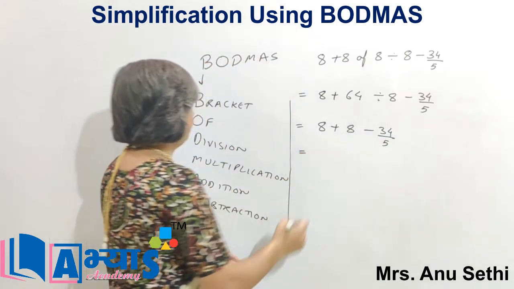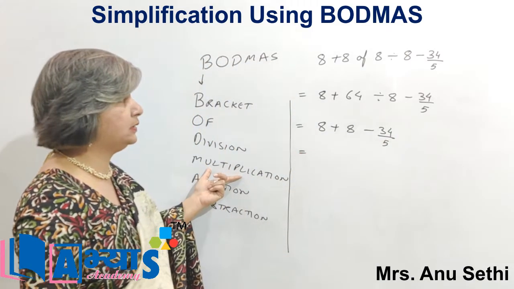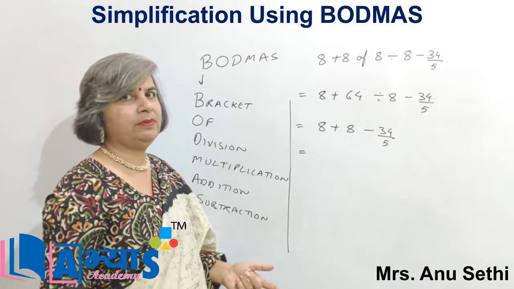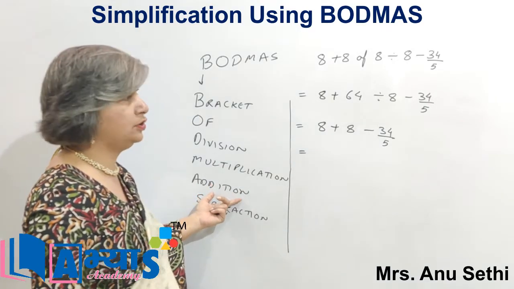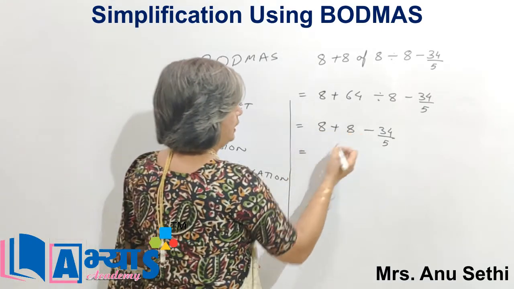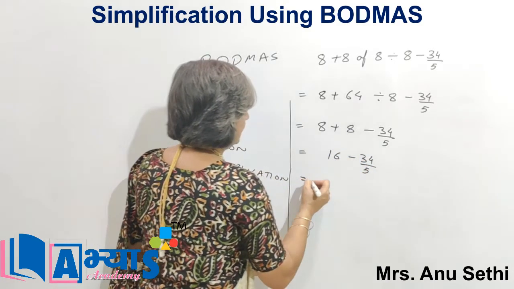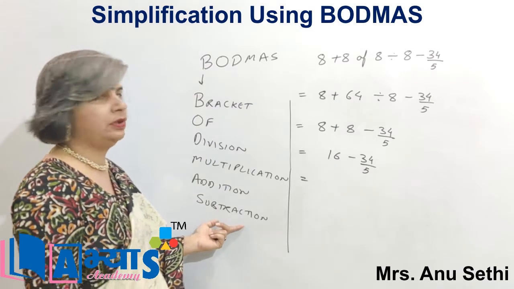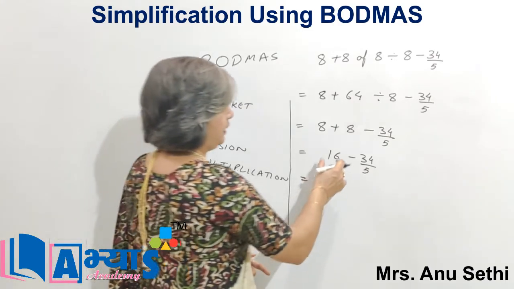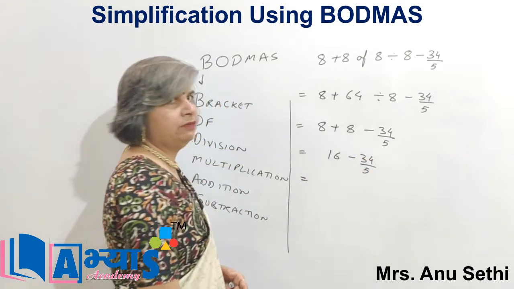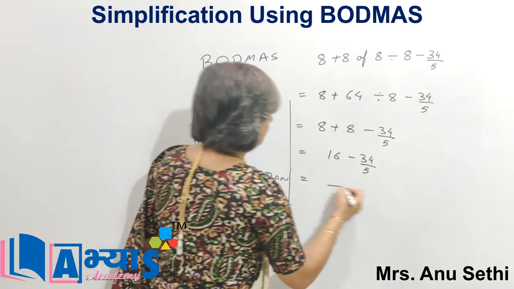In the next step we look for multiplication, and we see that there is no multiplication. So the next step is addition. 8 plus 8 means 16 minus 34 by 5. In the last step we solve subtraction. As we have 16 minus 34 by 5, we take LCM as 5.